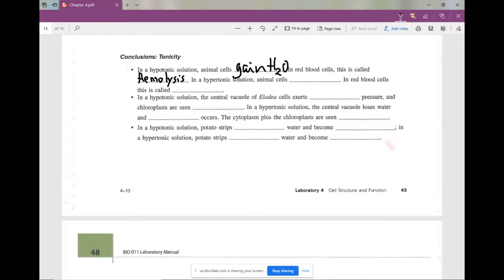In a hypertonic solution, animal cells lose water. In red blood cells, this is called crenation. In a hypotonic solution, the central vacuole of Elodea exerts turgor pressure.